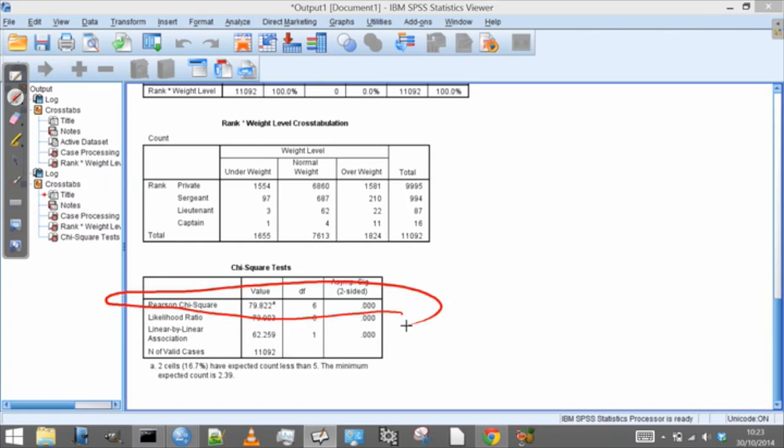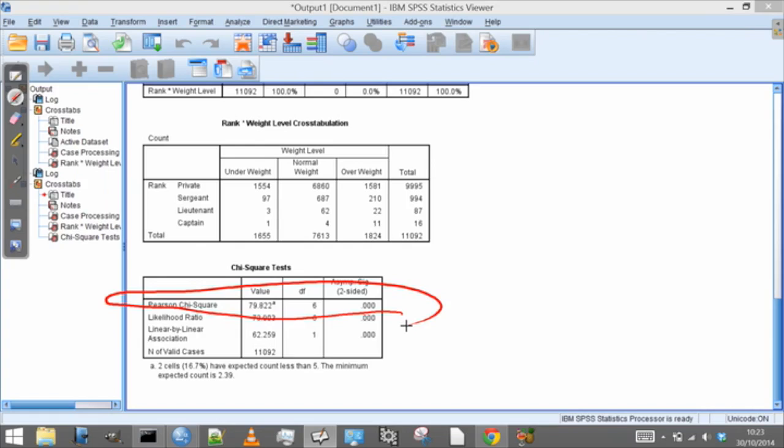So now I have this result. Originally we had this null hypothesis that there is no association between the weight and the rank category. I've cross-tabulated and run a chi-square test, and I've got a significant result. What does that mean?